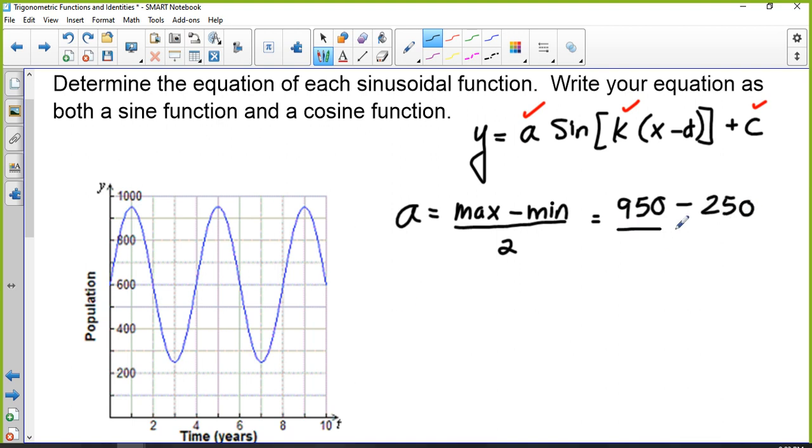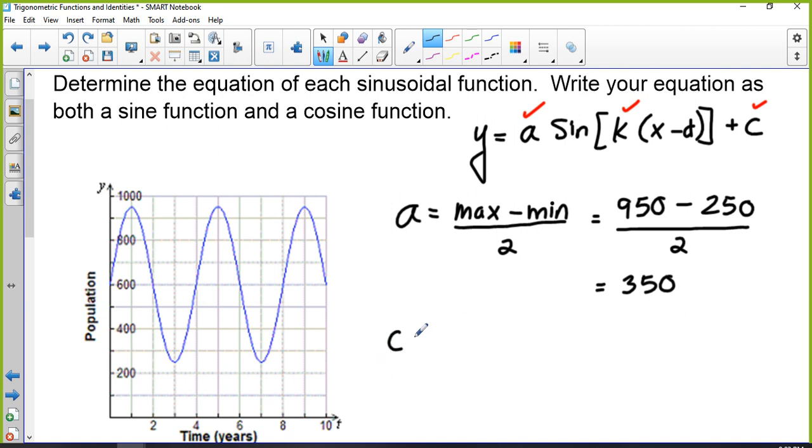So 950 minus 250 divided by 2 is 350. That's our amplitude.